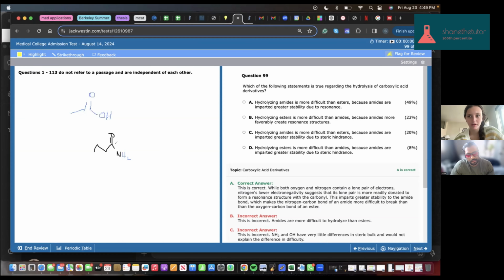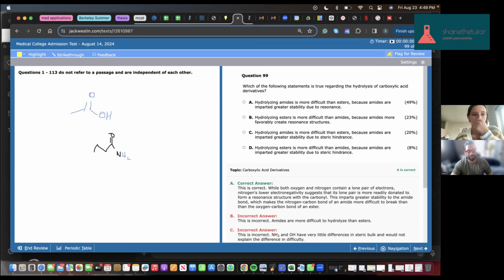We were talking about amides, ketones, esters, and there was one more that you drew. And all of these are what derivatives? Carboxylic acid derivatives. And what is a carboxylic acid? This. So that can't be an ester then, right? Just with the double bond.